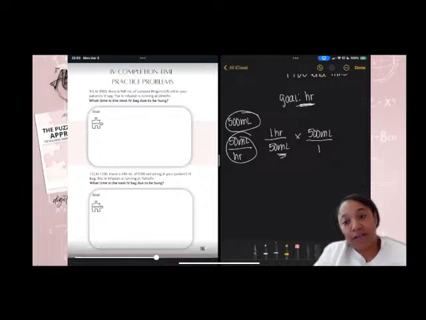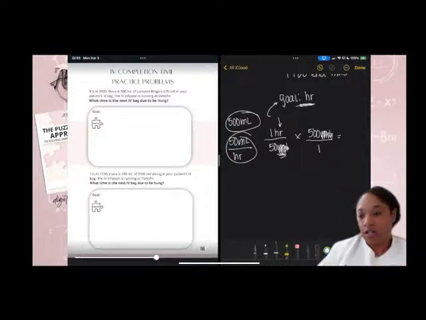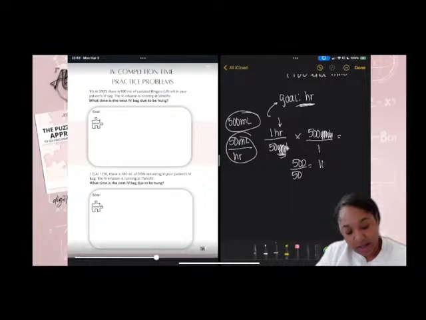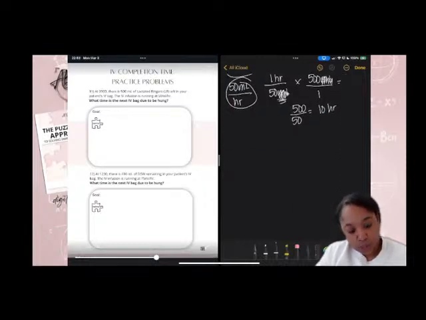The milliliters will cancel out, because what's on the top cancels out with what's on the bottom if they're the same unit of measure. Now I'm left with my goal, which is hours. So 500 divided by 50, because you multiply across the top, multiply across the bottom, and then divide, is 10. 10 hours, right?